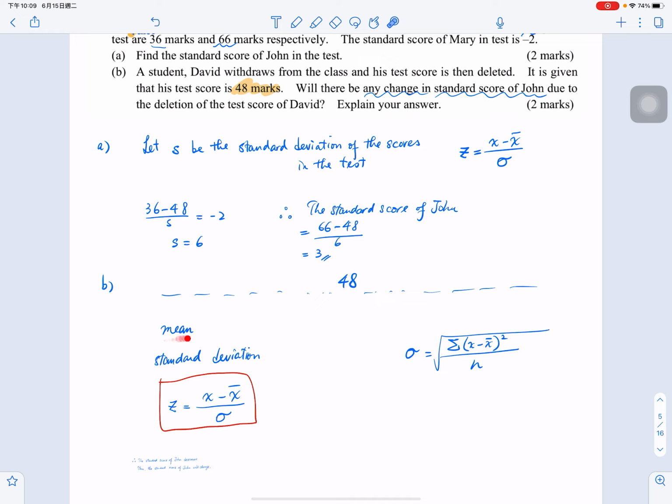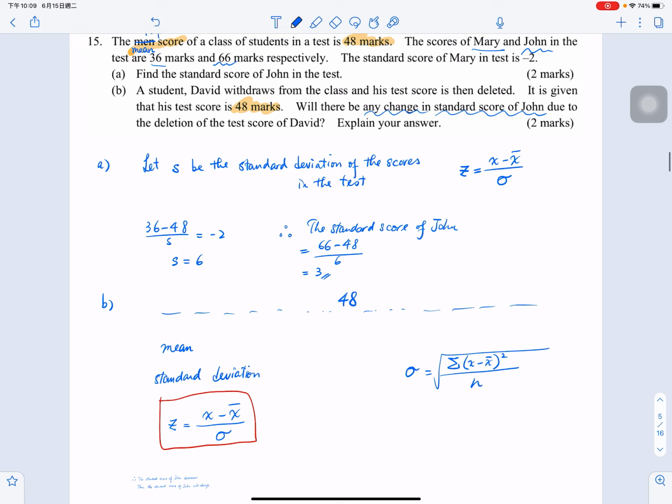Is there any change in the mean if you delete 48? Deleting 48, which is the same as the mean, means the mean has no change. Then how about the standard deviation?